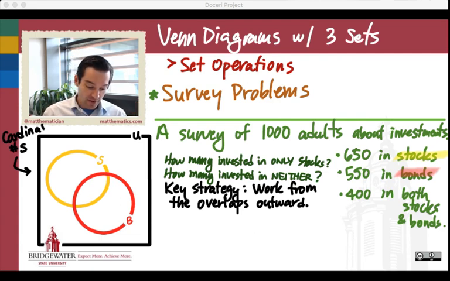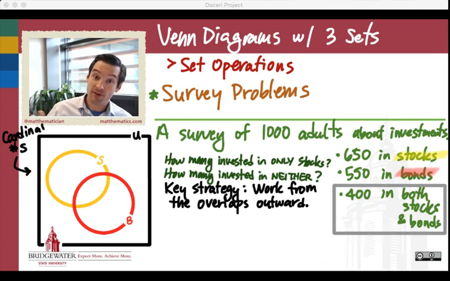And fortunately, again, for us, we have this great piece of information that there's 400 people who are invested in both stocks and in bonds. And what that tells me is that there's 400 people that belong to the set B and the set S at the same time.